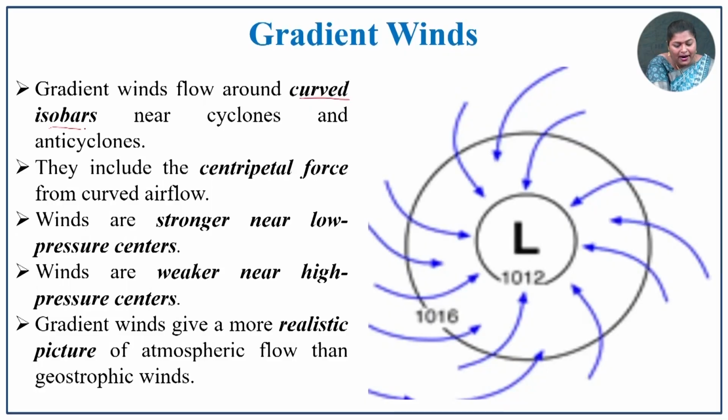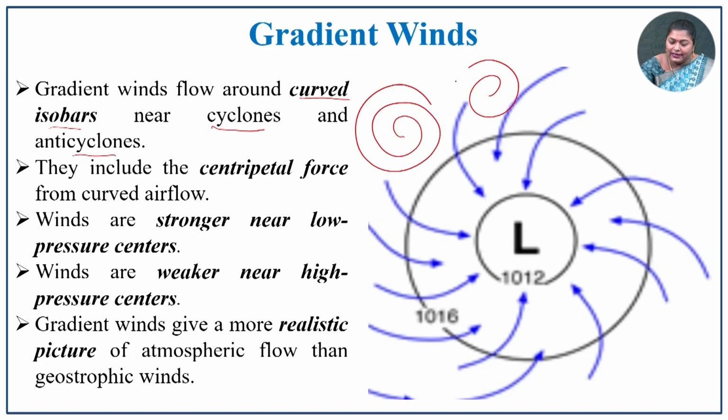Gradient wind, that is the gradient wind flows around curved isobars. The curved isobars are the cyclones and anticyclones, where there is cyclone and anticyclone, you have such kind of activities. You can see the curved nature, spiral nature. So, in that situation, these gradient winds are flowing.